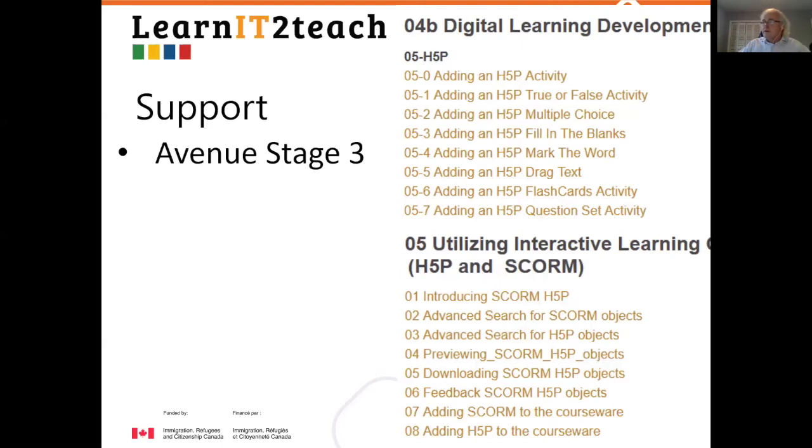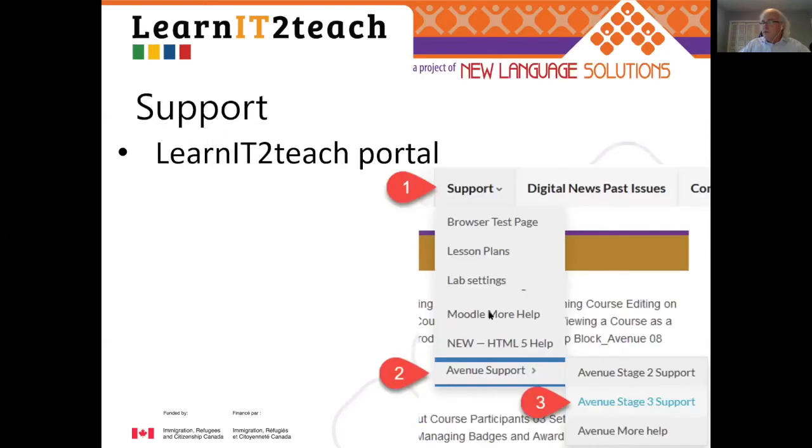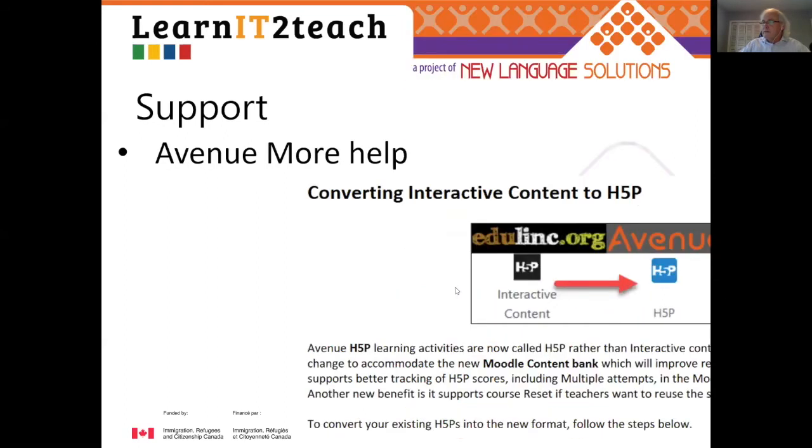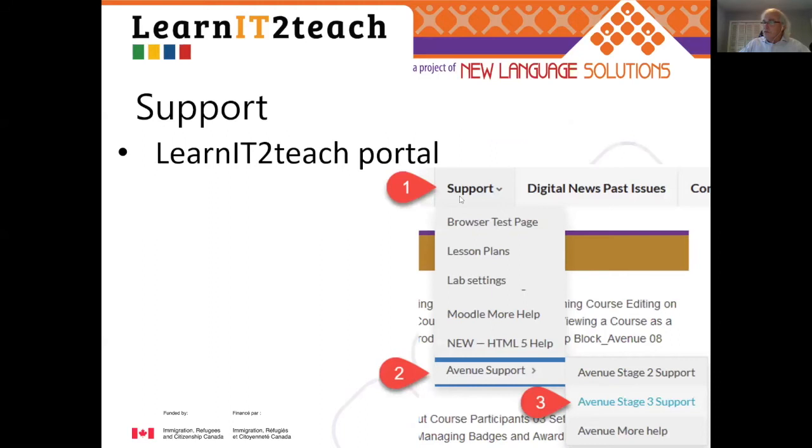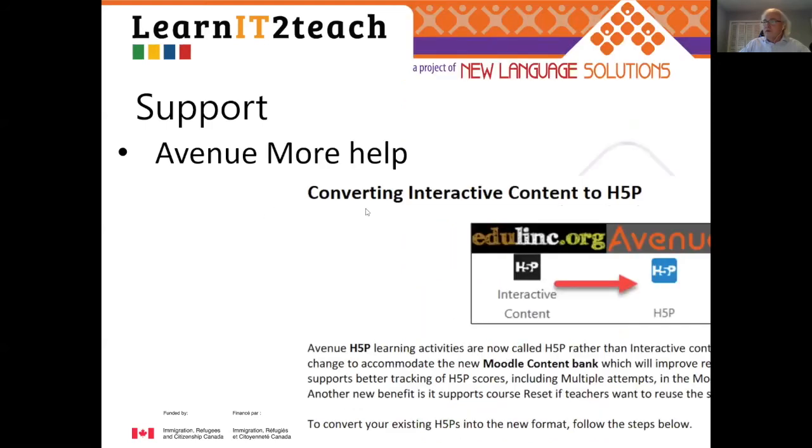So there's a lot of things there that will help you out. If you go support, Avenue support, Avenue More Help, that's where you can find the converting interactive content to H5P help sheet.